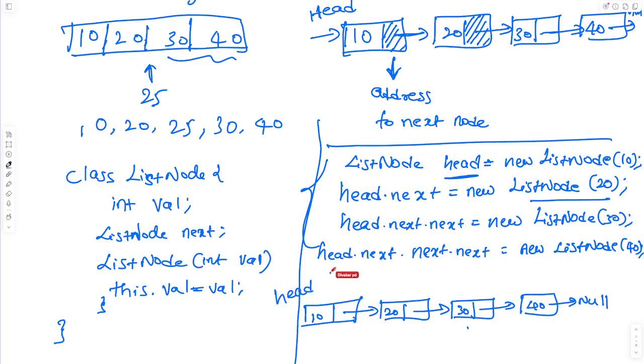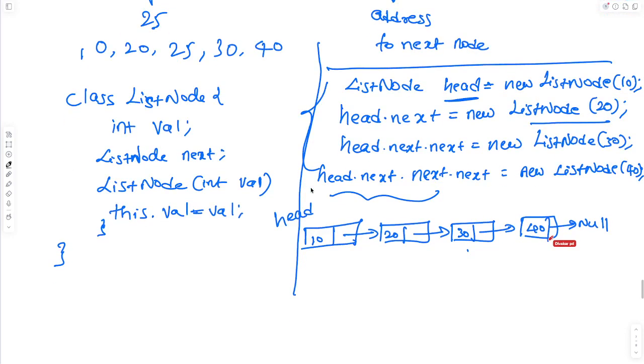This kind of coding may be easier when we have 3 or 4 elements. But if we have hundreds of nodes, that is when we need to see how to traverse a linked list and then how to insert at the end of the linked list or at the beginning of the linked list.